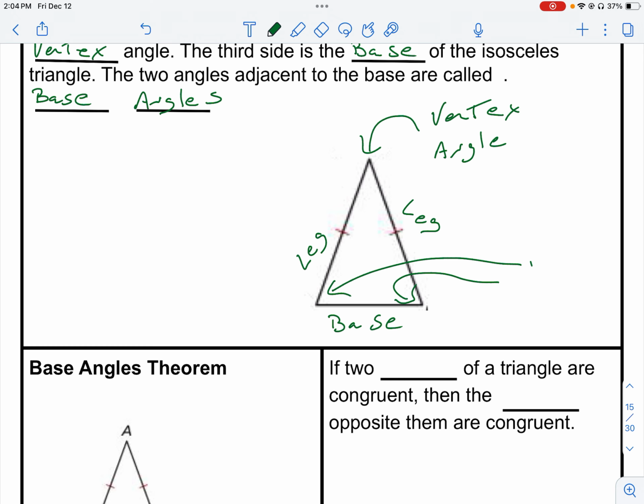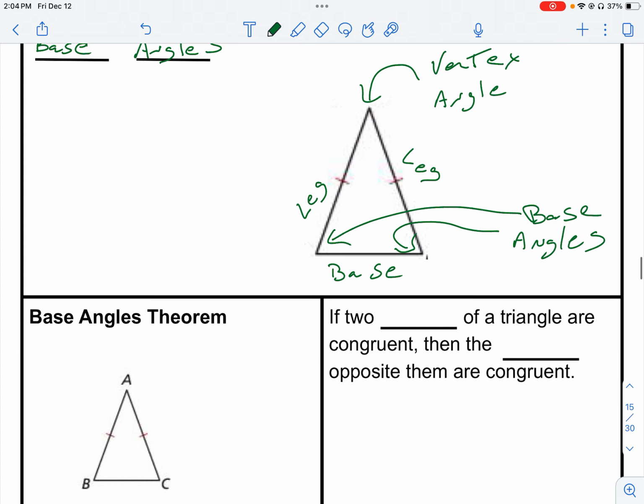And these two are the base angles. So that is your standard isosceles triangle. That's what we call it. And we need to know the name so that we can correctly identify what it is we're talking about.